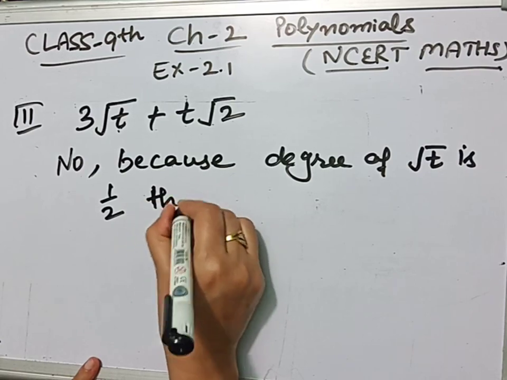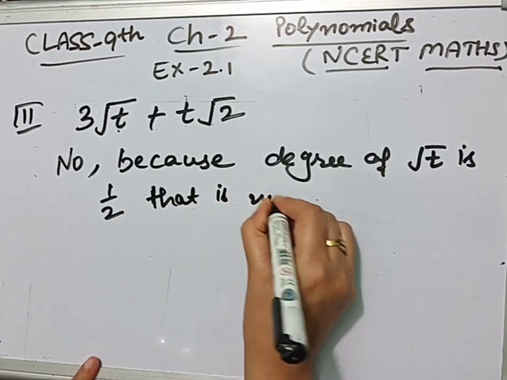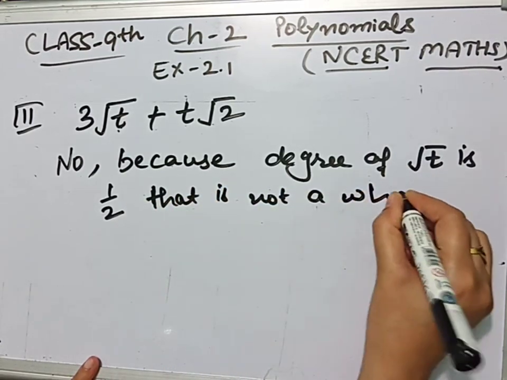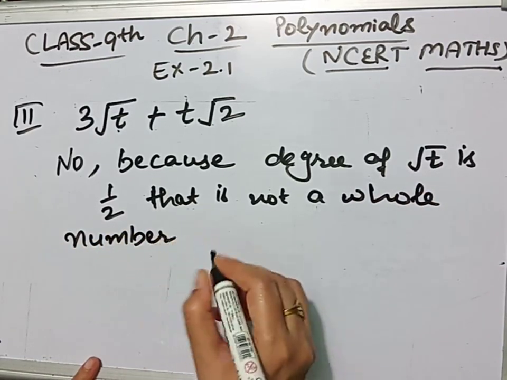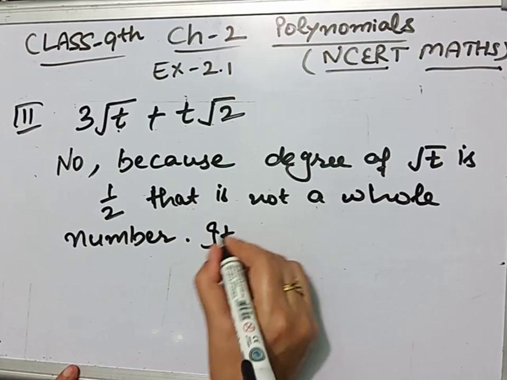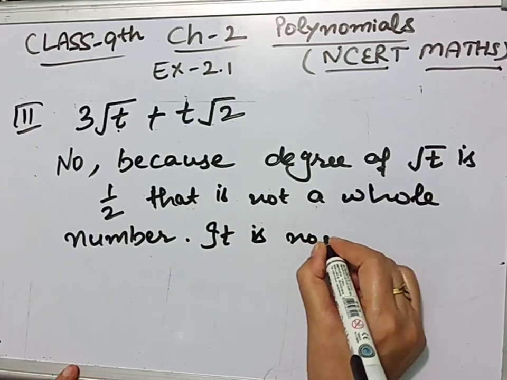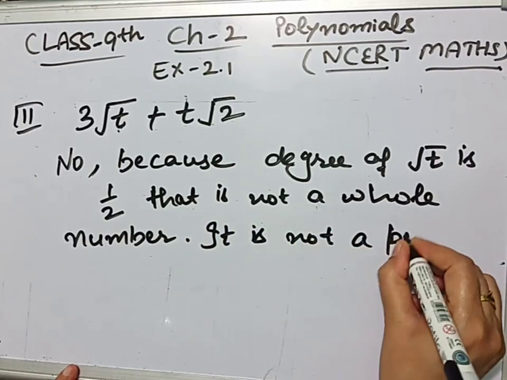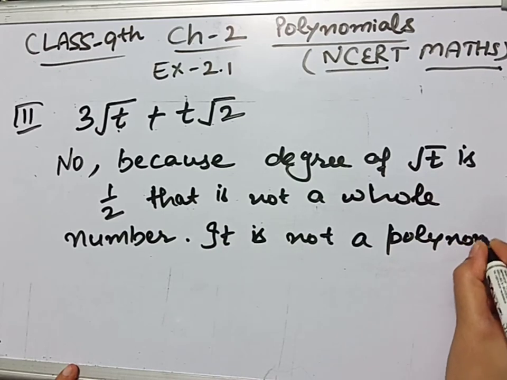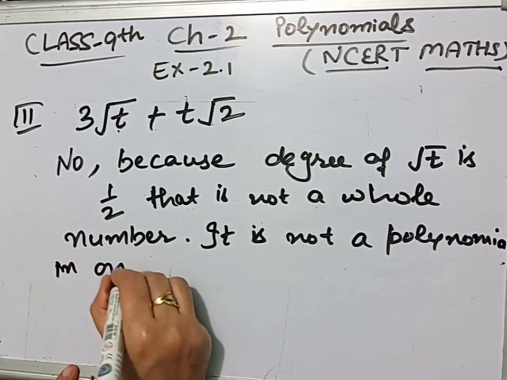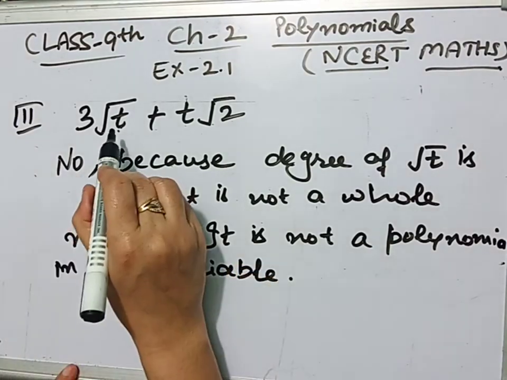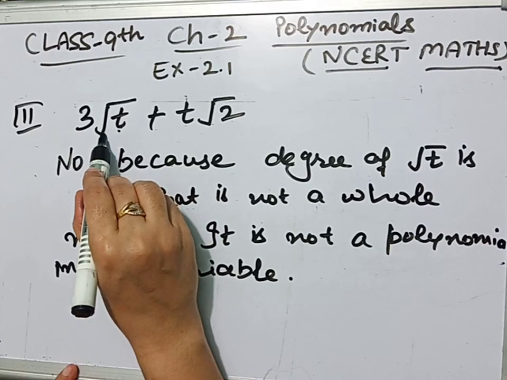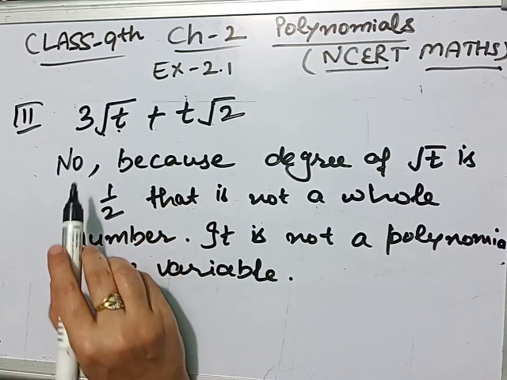That is not a whole number. Therefore, it is not a polynomial in one variable. Because degree of t must be a whole number. That's why its answer is no.